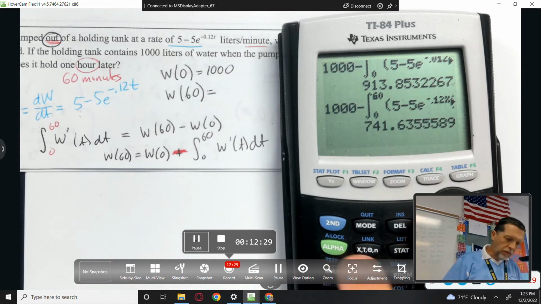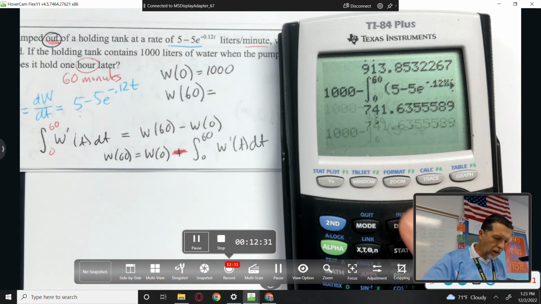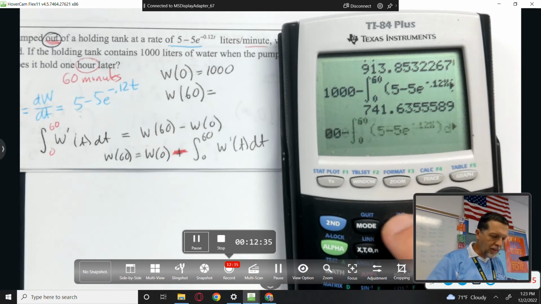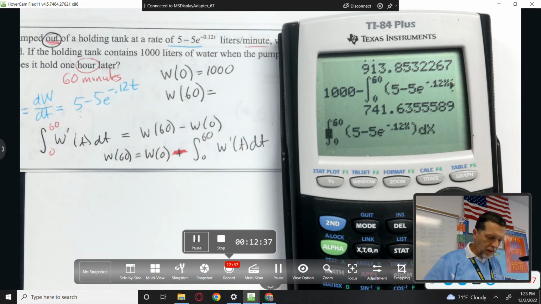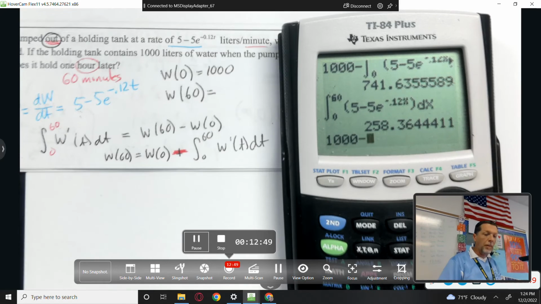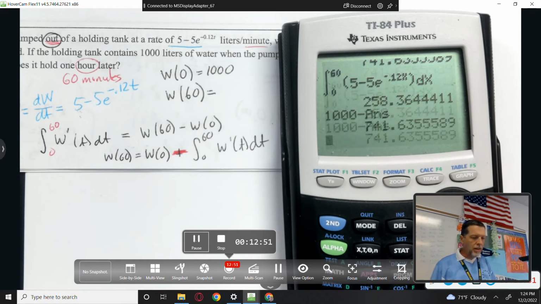So if you were going to go piece by piece, or if you just thought, let me integrate from 0 to 60, you get 258. And that's okay. You could work it separately, but you have to realize that's just the amount that got pumped out. So then you would need to do 1,000 minus that to get the answer.